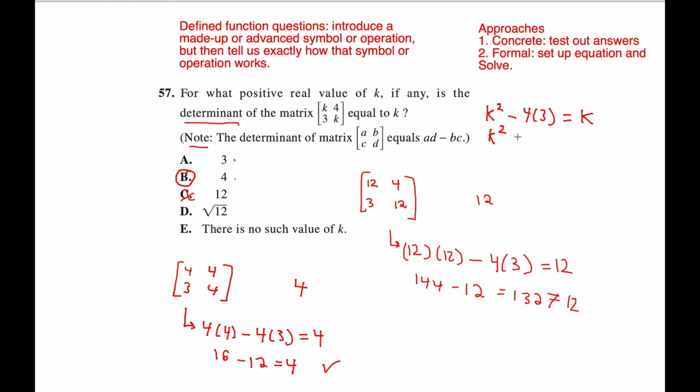I'll make this 12. And actually, I'm going to subtract over the k first. So it's going to become minus k. And then I'm going to make this minus 12 is equal to 0. And now this is in a form that we can factor the quadratic in. So we'll write our little parentheses here.